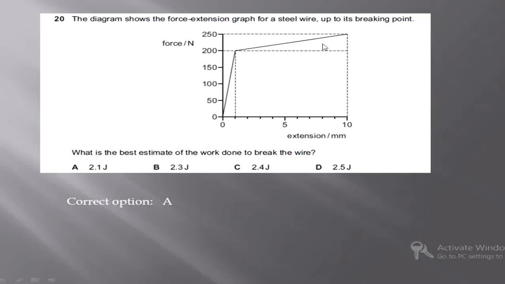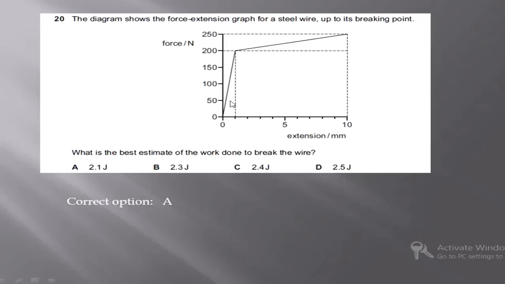There is another way to calculate it: this can be assumed as a trapezium, and we apply the formula of a trapezium, and after finding its area we add it to the area of this triangle, and the sum will be equal to the work done to break the wire.